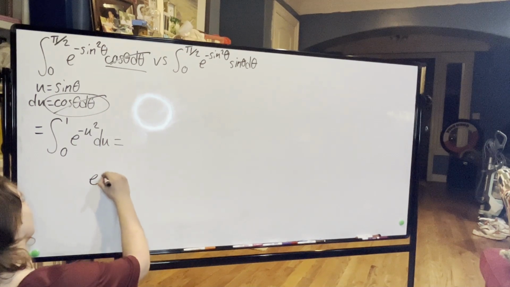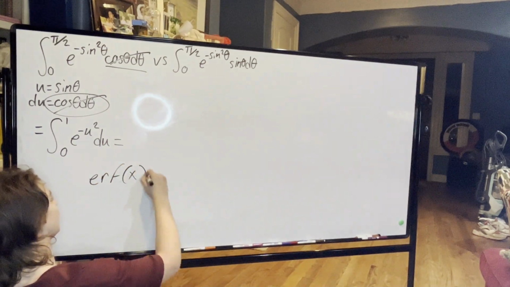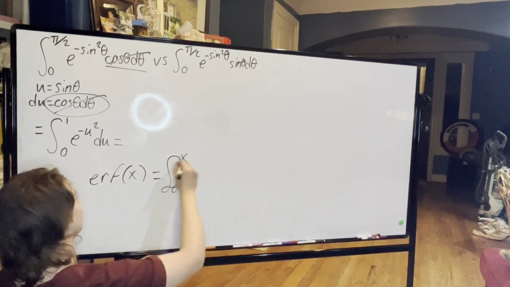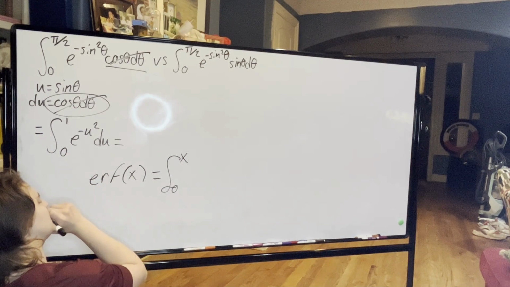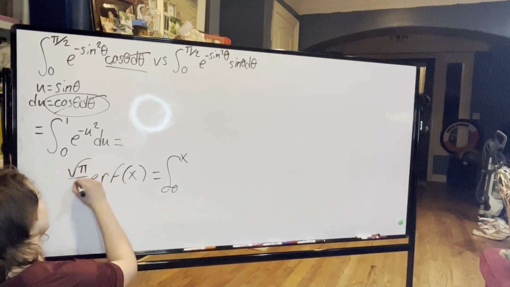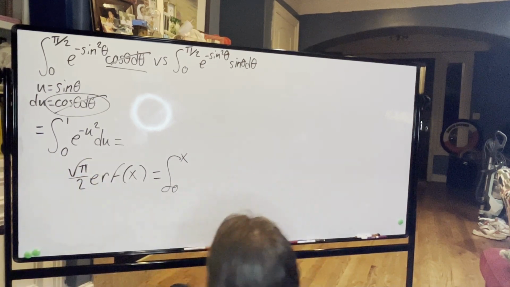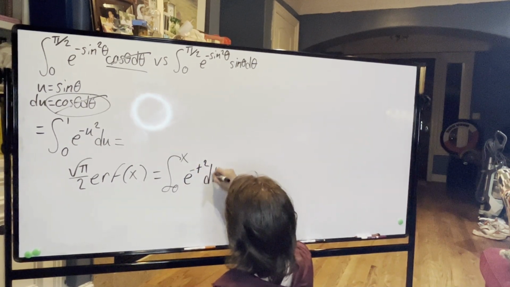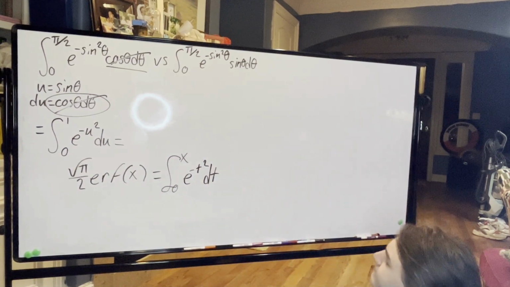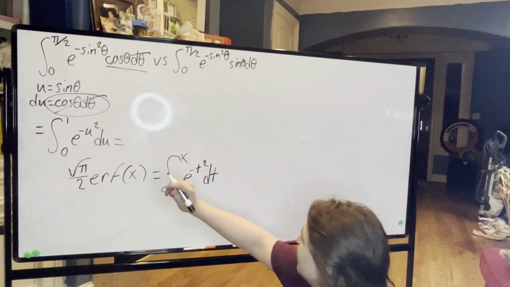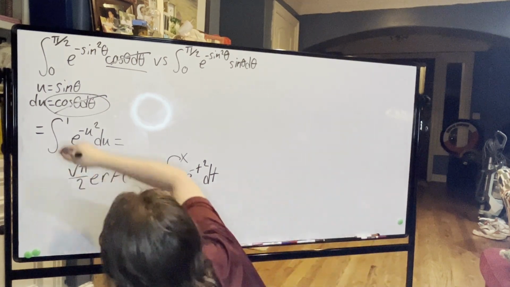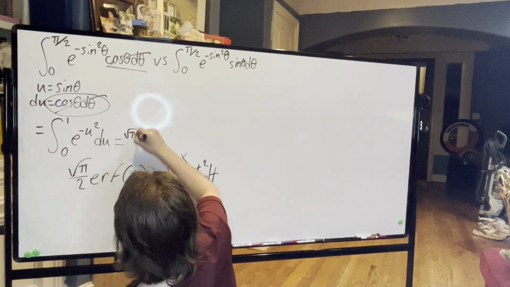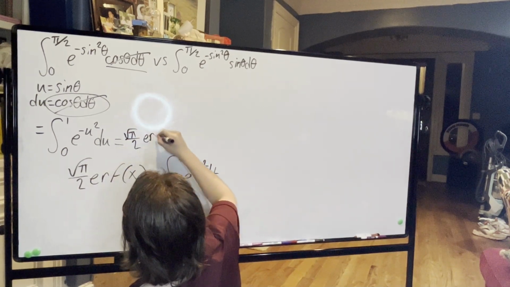It has the following definition: square root of pi over 2 times the error function of x is equal to the integral from 0 to x of e to the minus t squared dt. Yeah, that checks out. So we're going to use this, and then we get square root of pi over 2. Our x is going to be 1. We have square root of pi divided by 2, times the error function at 1.